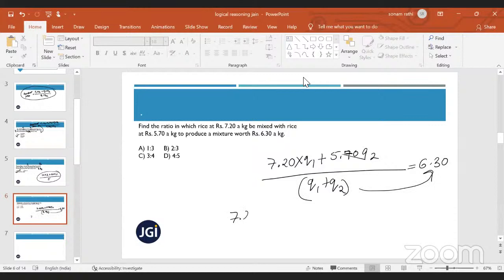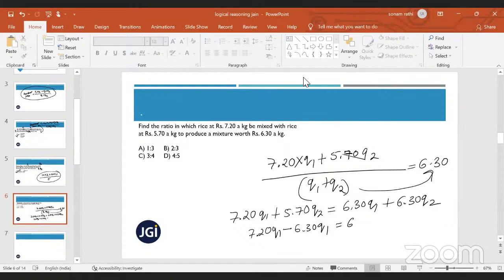So 7.2 Q1 plus 5.70 Q2 is equals to 6.30 Q1 plus 6.30 Q2. Okay. So I will write it like this: 7.20 Q1 minus 6.30 Q1, and this is 6.30 Q2 minus 5.70 Q2.